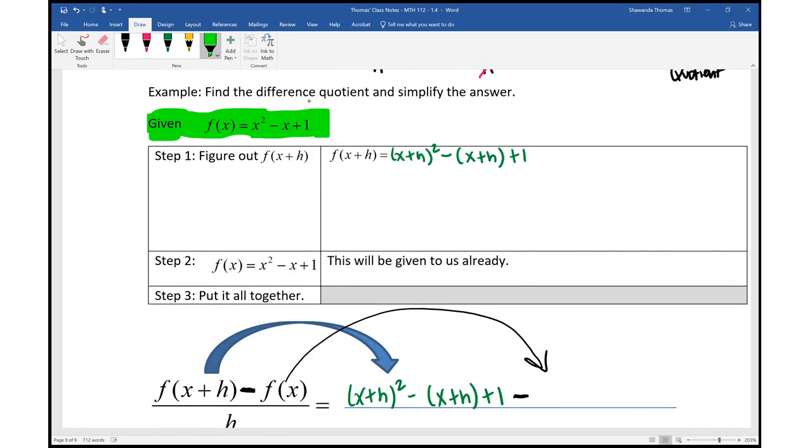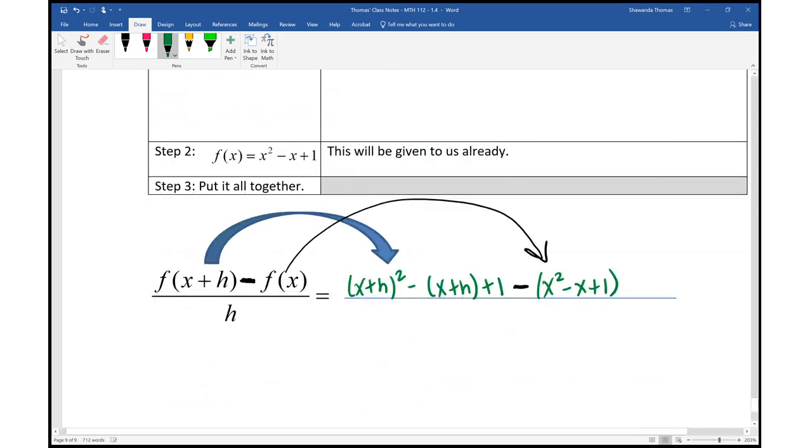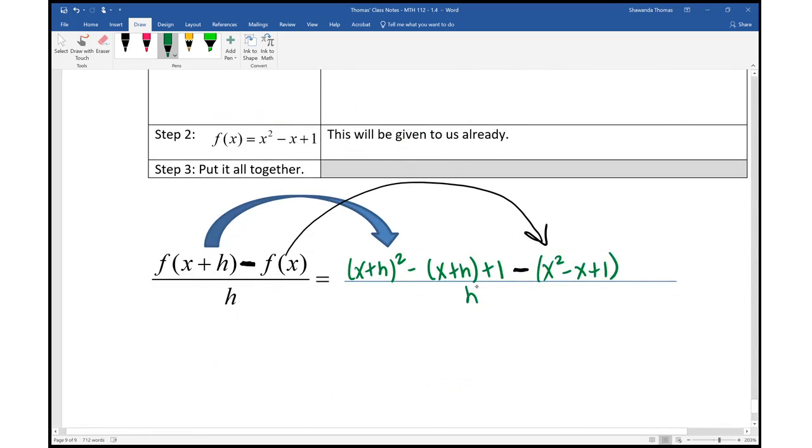It's right here. So f of x is x squared minus x plus 1. What do we need around that? We need a parenthesis. x squared minus x plus 1 all over h.